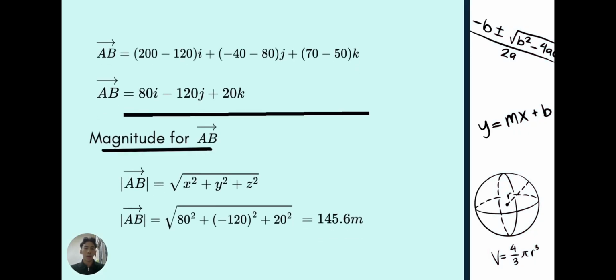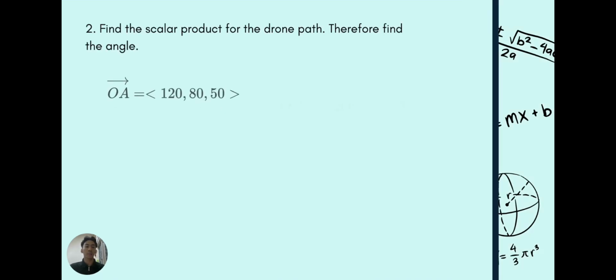Then we put all of the points for the x-axis, y-axis, and z-axis to get the vector of AB. Then we find the magnitude of AB, by taking the square root of all of the components of vector AB.